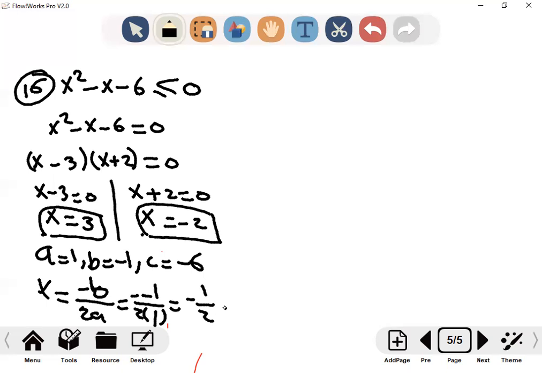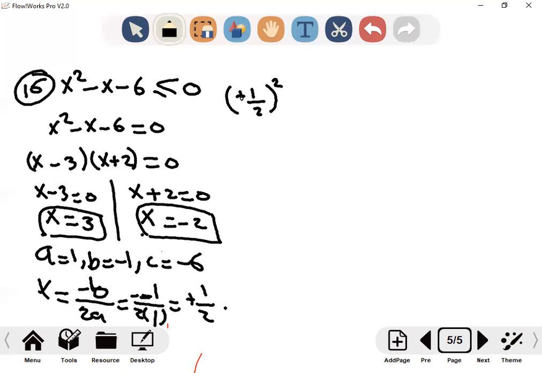Now I'll put the half where? In the function. I will call it function, not equation, to find the other side of the vertex, right? So here, negative 1 minus 1. Oh, sorry, half. I'm sorry, half, not negative half.